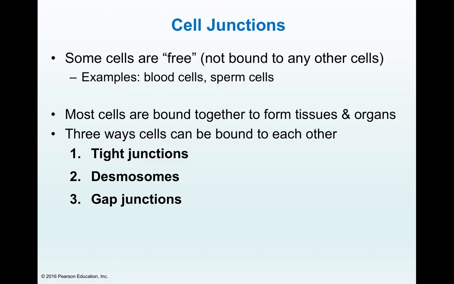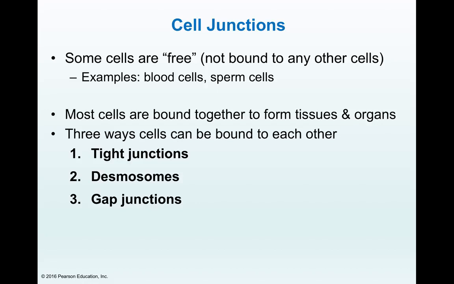Now, as I mentioned, cells are interacting with each other, communicating, and are connected together using structures called cell junctions. However, again, there are exceptions to the rule where cells have no connections or junctions with their neighboring cells, such as your blood cells and sperm cells.